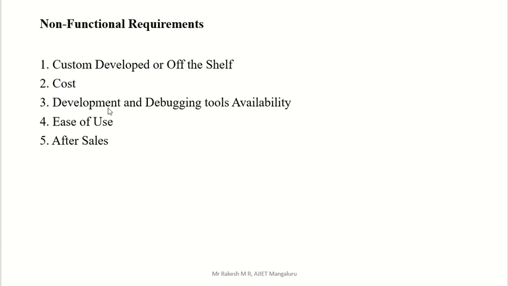Either you can go for an update also, if available, then you can update the operating system. Sometimes you will get debugging tools or development tools when you update. So mainly we have to look at the debugging and development tools.